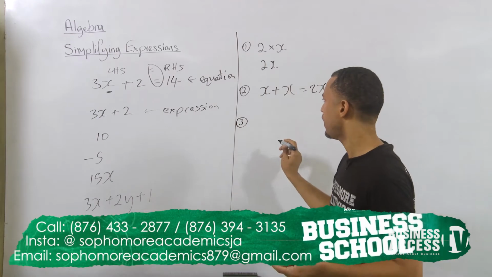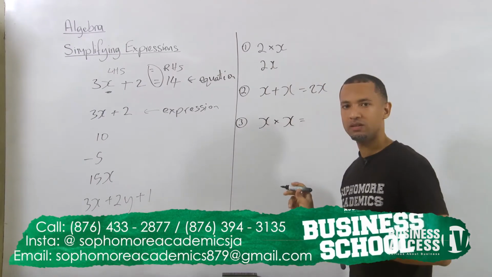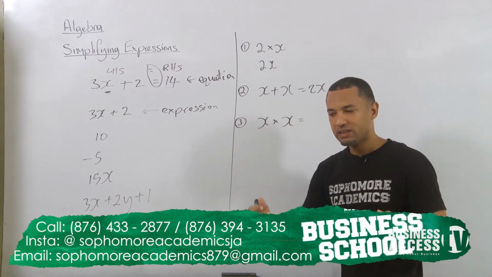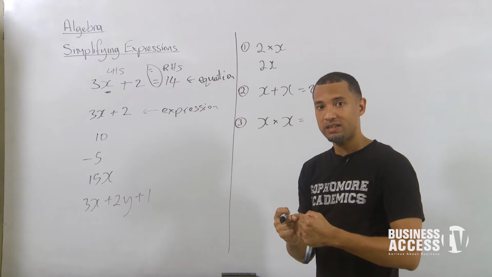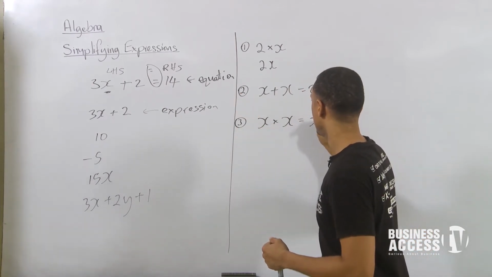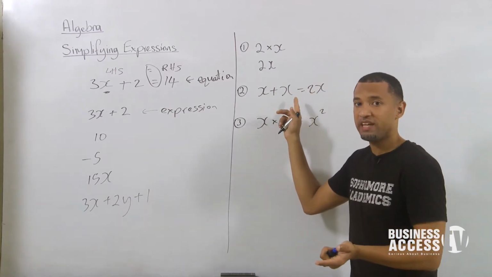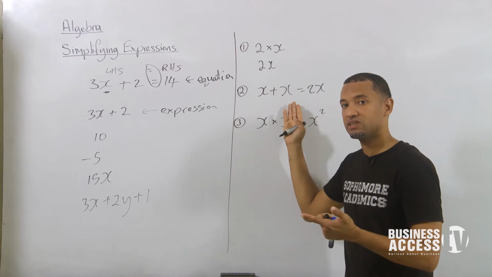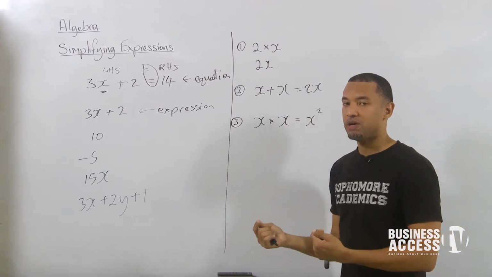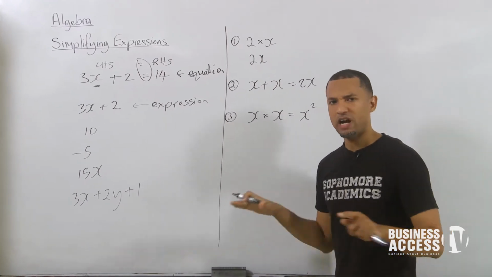And what is x multiplied by x? Is that also 2x? No, it isn't. x times x, when you multiply something by itself, you are squaring it. So this is actually x squared. So guys, 2x means 2 times x, or x plus x. x squared means you're multiplying x by itself. So those are some fundamentals that we need to iron out from there.